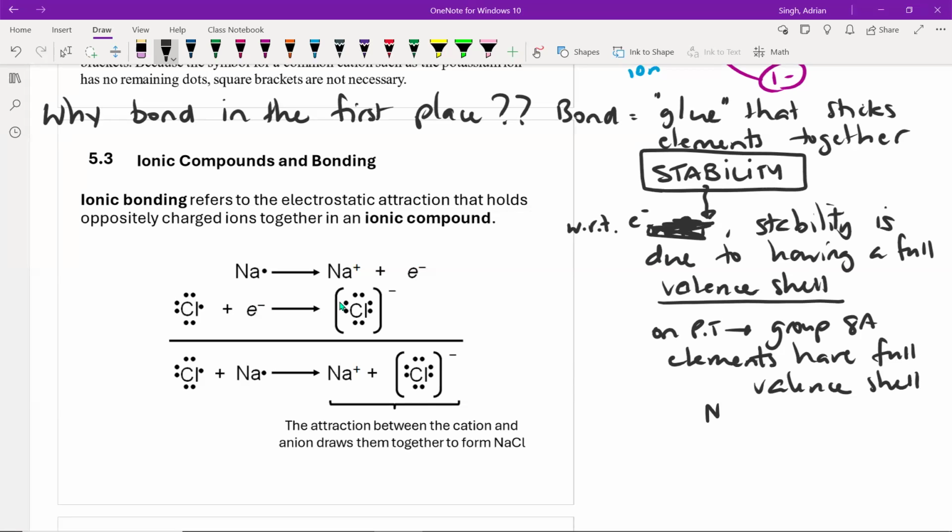Your noble gases are very stable. They don't really react with other elements very easily because they don't need to, right? They are already content. They're happy the way that they are. All the other elements on the table, though, are not as content. They're not as happy. They're not as stable. They want to be like the noble gases.